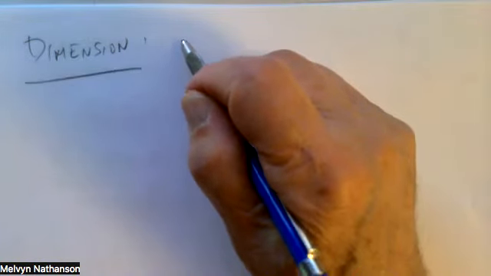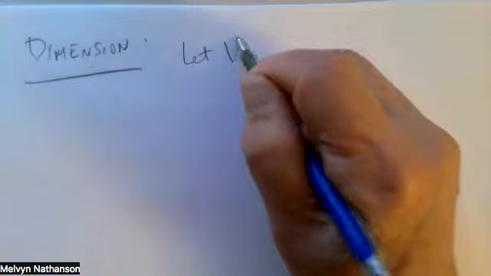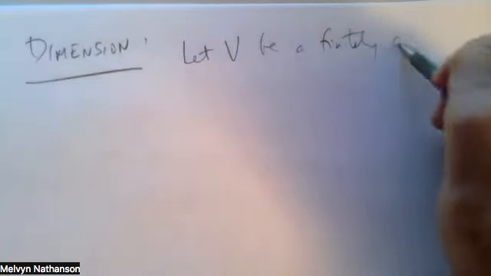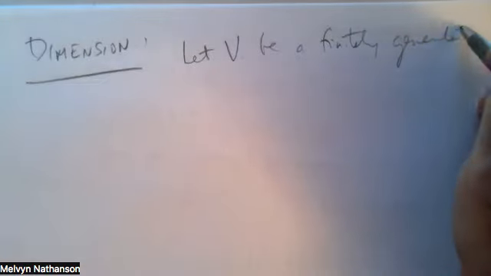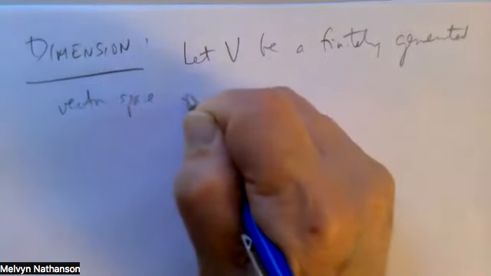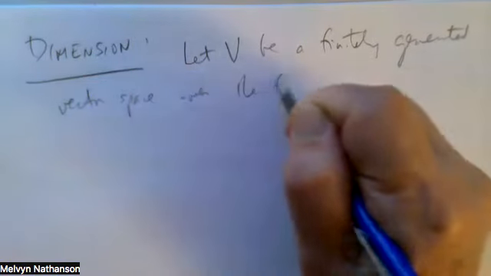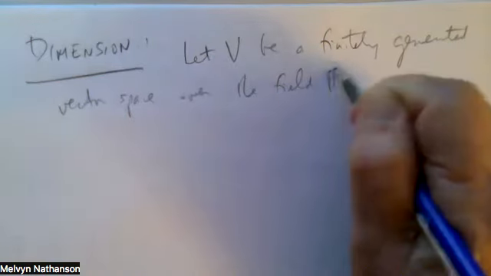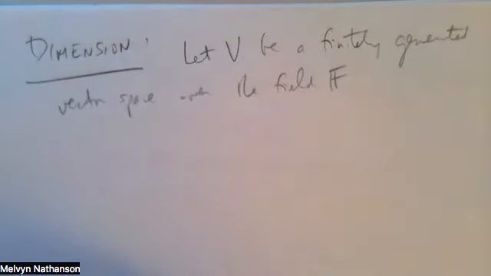And the main theorem, which I proved, and I'll just keep repeating it, says the following: let V be a finitely generated vector space over the field F. The field F can be any field, real numbers, complex numbers, something more exotic.